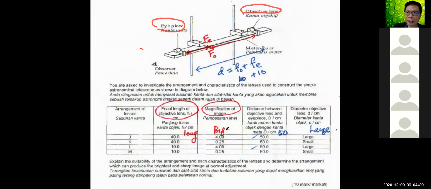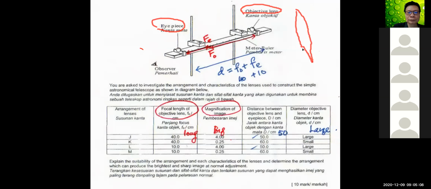Magnification, of course, we want it big, to make the image look bigger. Next, the distance between the objective lens and the eyepiece must be 50 cm, 40 plus 10. And the diameter of the objective lens refers to how tall the lens is.